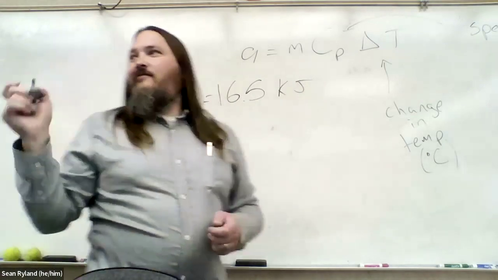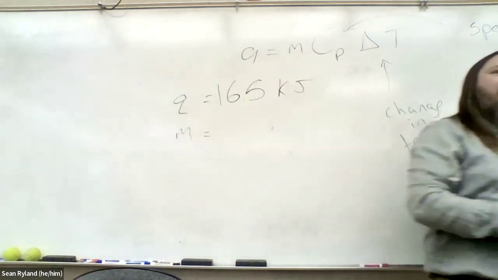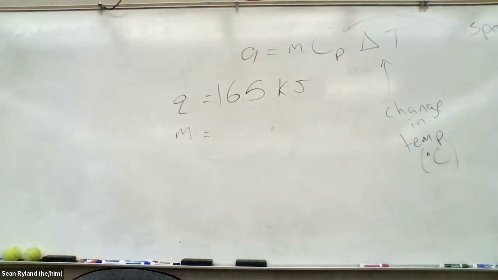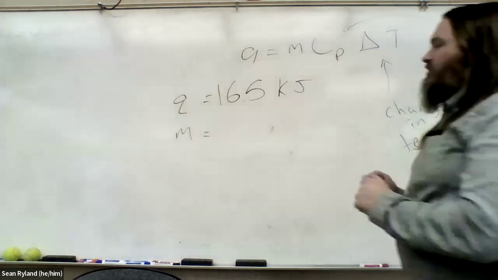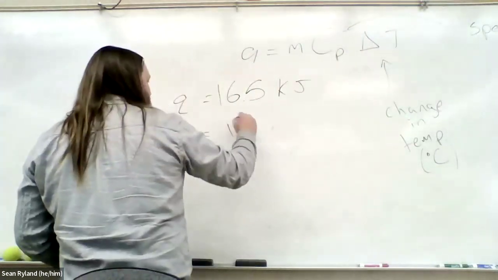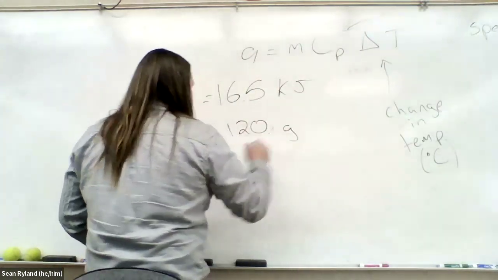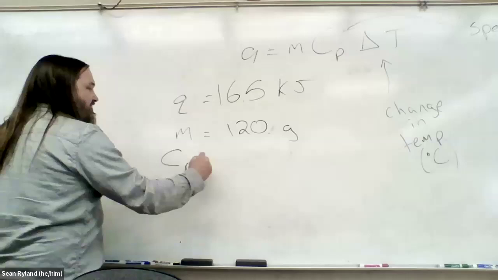Because that's 120 grams. There are 2 masses in this problem, but the water is what's being warmed up. So we want to be specific, we're using the mass of the water. What's CP?